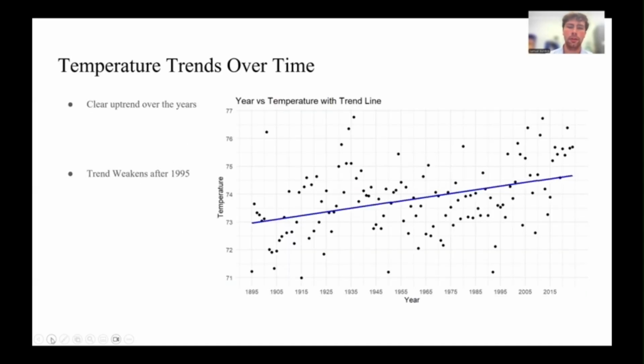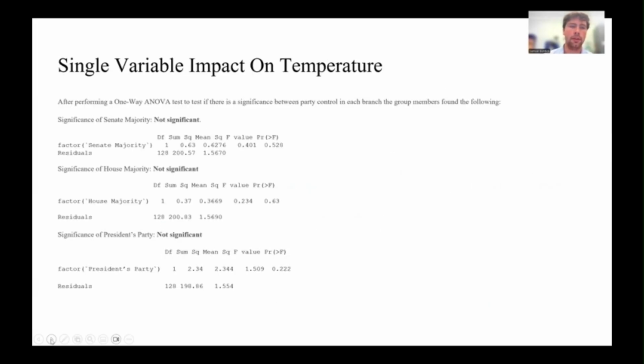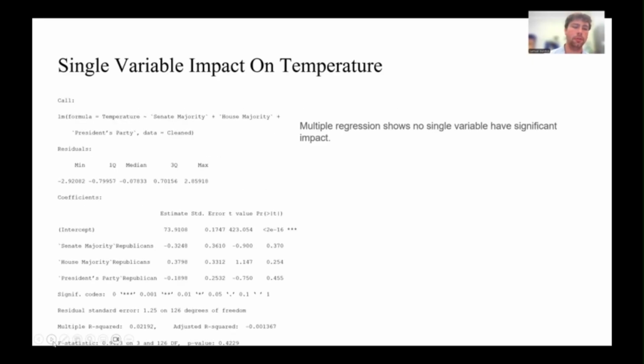A quick look at the data shows a constant uptrend in temperature over years, and just looking at the average temperature based on single political predictors, no real differences can be seen. Testing using one-way ANOVA to test the impact of single variables on temperature showed that there was no statistically significant correlation between control by one party or the other on temperature.